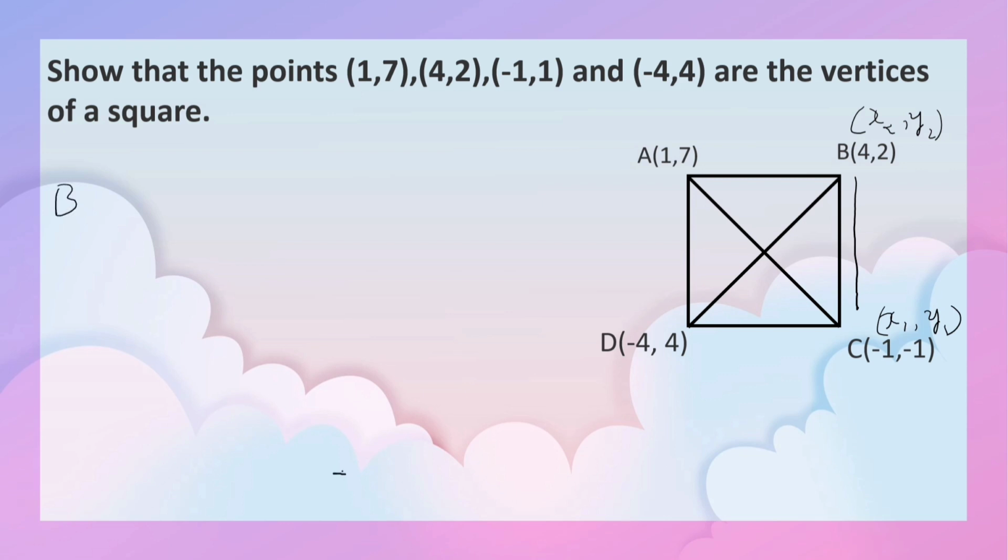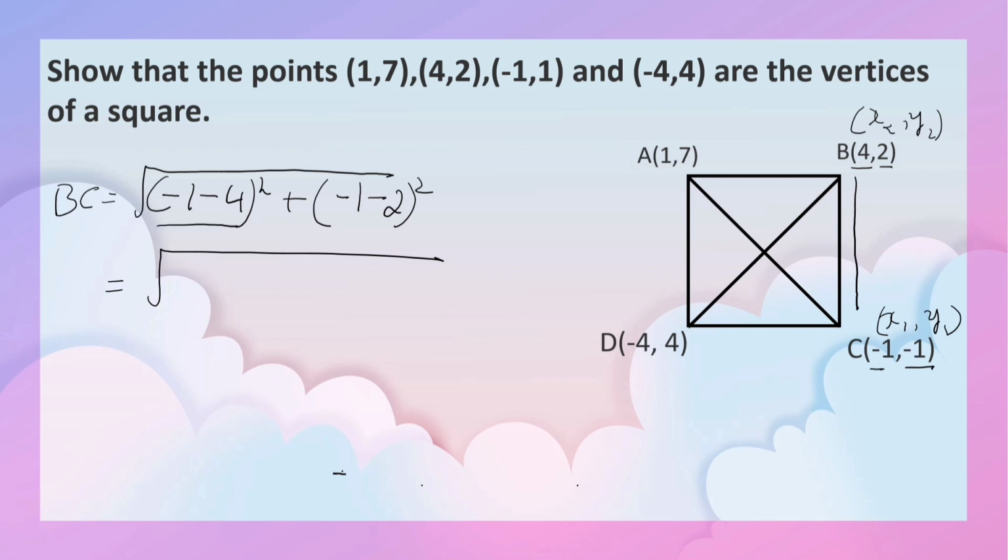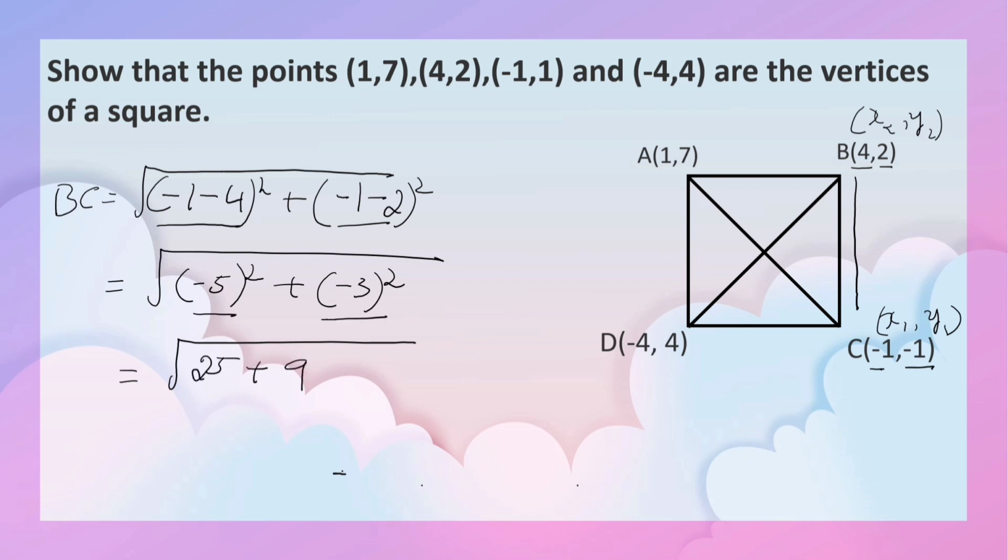So BC is equal to square root of (-1 minus 4) the square plus (-1 minus 2) the square, that is equal to (-5) the square plus (-3) the square, that is equal to 25 plus 9, that is equal to square root of 34 units.